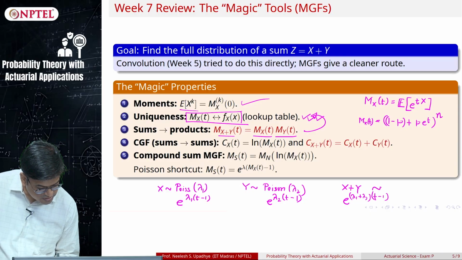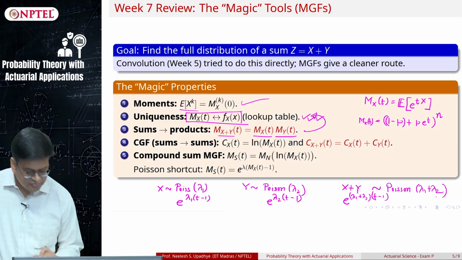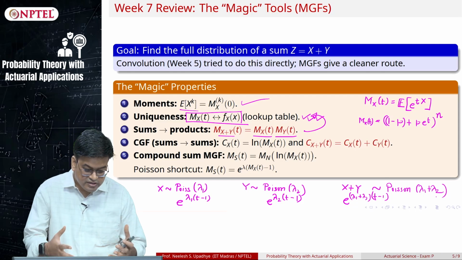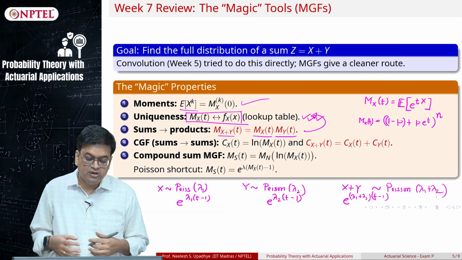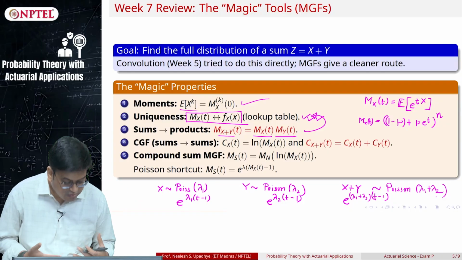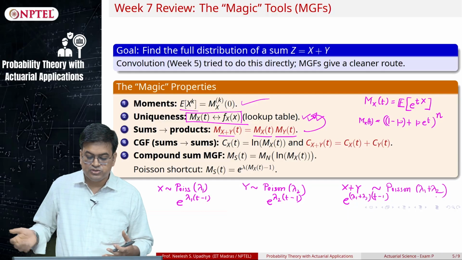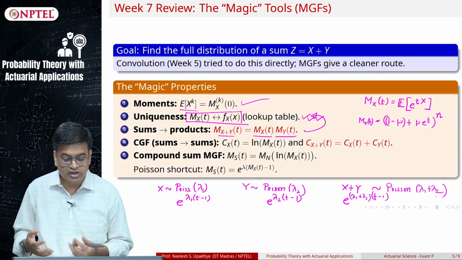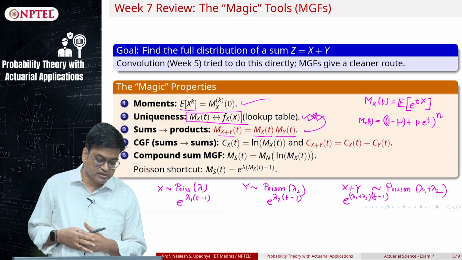I also know this is going to be Poisson with parameter lambda 1 plus lambda 2, right. So this is very easy for me if I have this particular mapping. So this is how we were able to solve all the problems related to sums simply by taking products of independent moment generating functions.